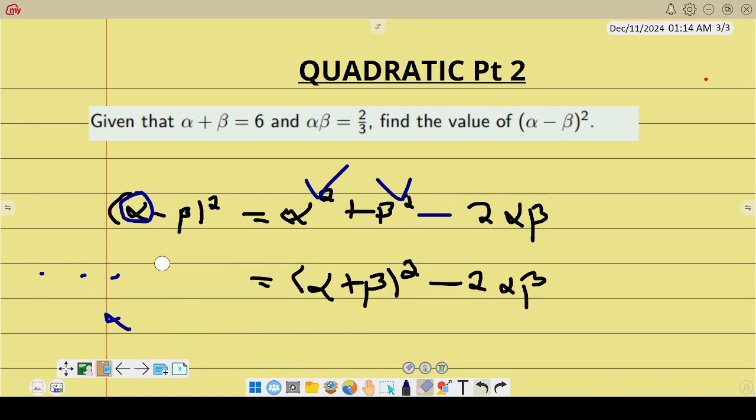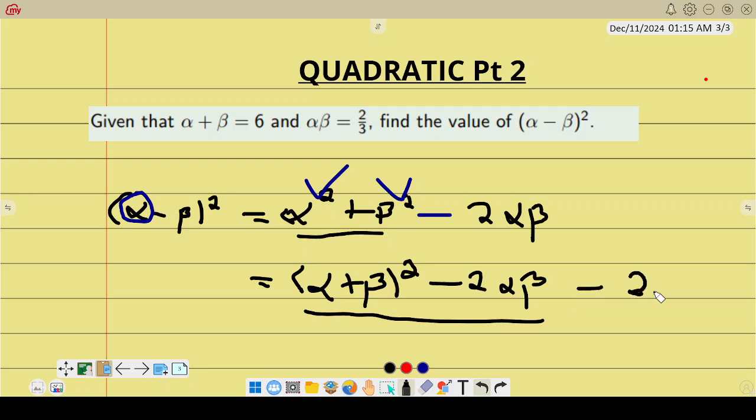Okay, so are we still together up to here? So where there is this, we have written the whole lot of that. And then we shouldn't forget there is a minus alpha beta. So at this point, you just start substituting. Yeah, it's baby stuff here now.